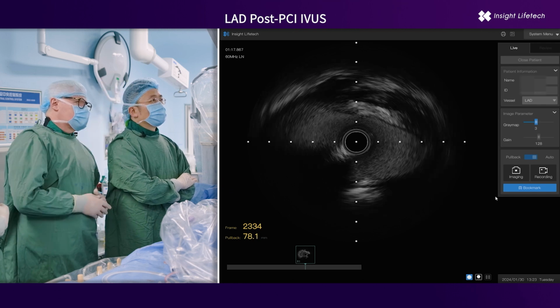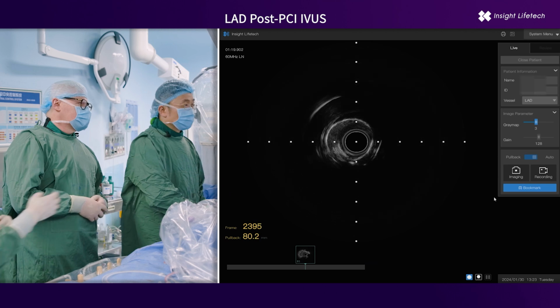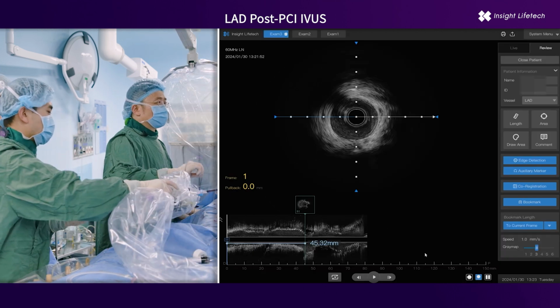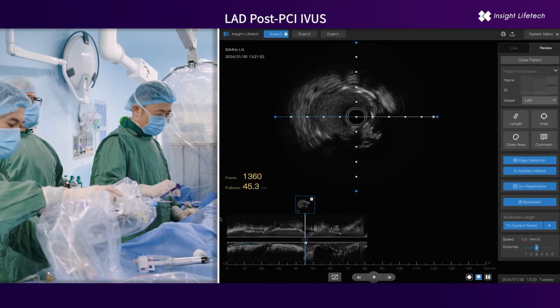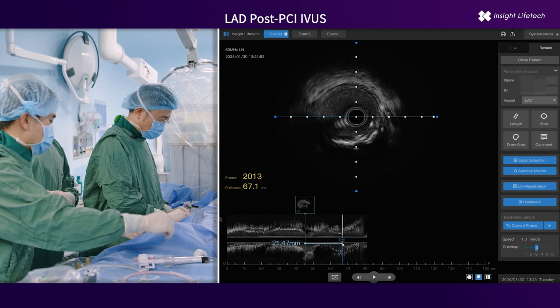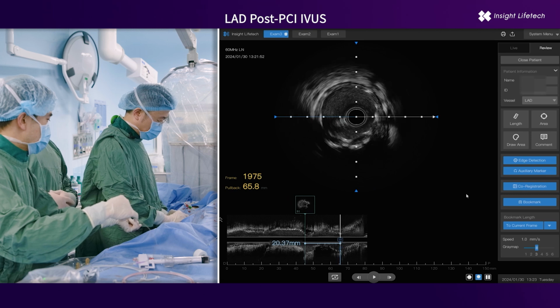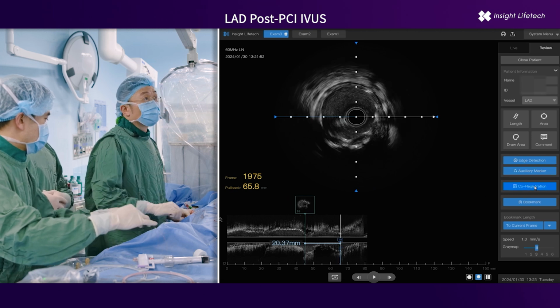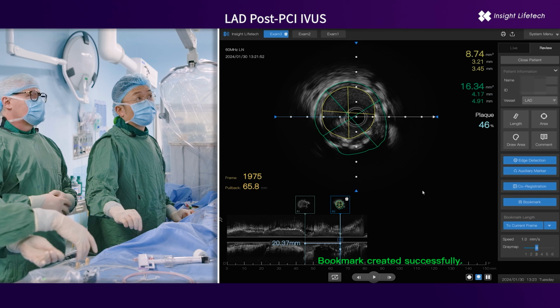We didn't touch this plaque which is in the ostium. So according to IVUS, it doesn't look so bad. However, you can measure with automated assessment what is the minimum in-stent area.